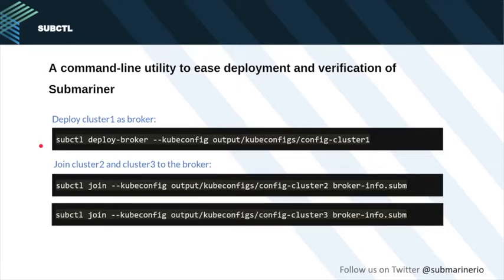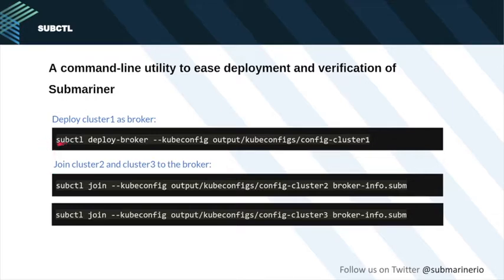And now I want to talk about subctl. subctl is our command line utility to make deployment, verification, and maintenance of Submariner as easy as possible. You can do that also through the operator, but if you want a command line tool, this is really helpful. So with just 3 lines, you can connect a couple of clusters.